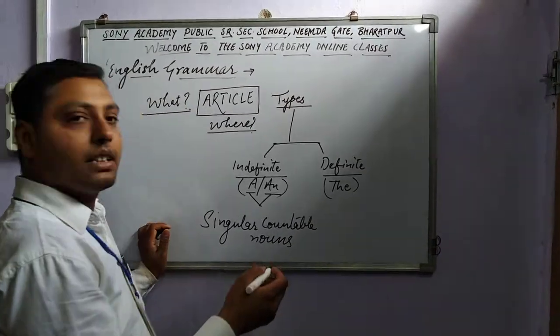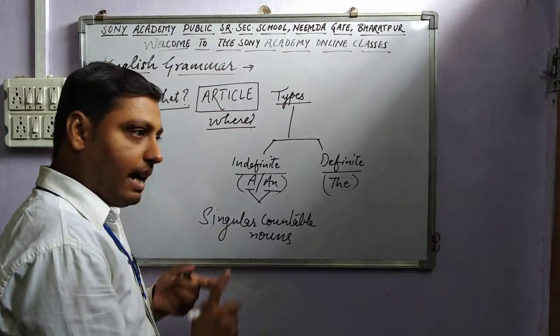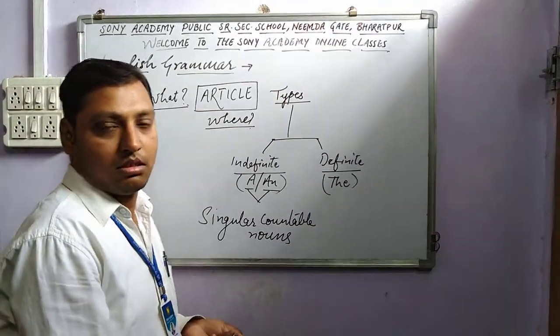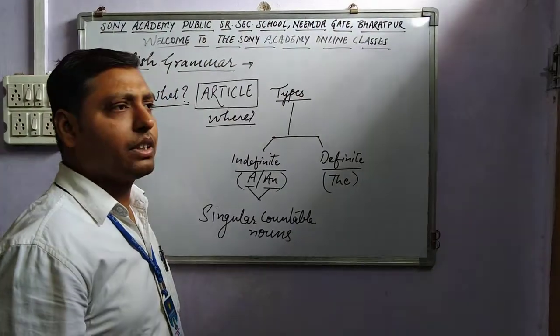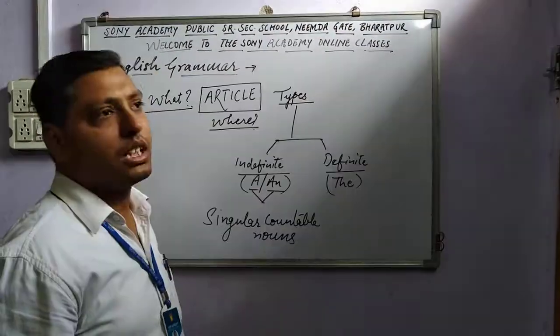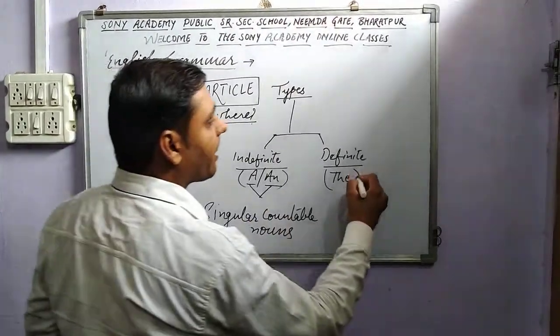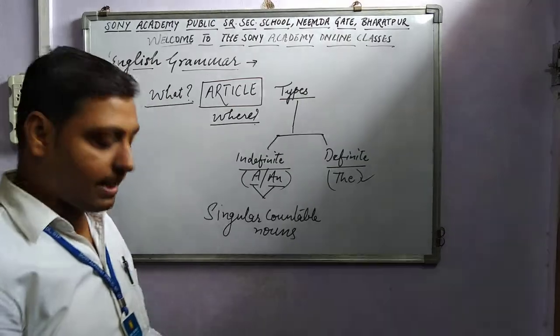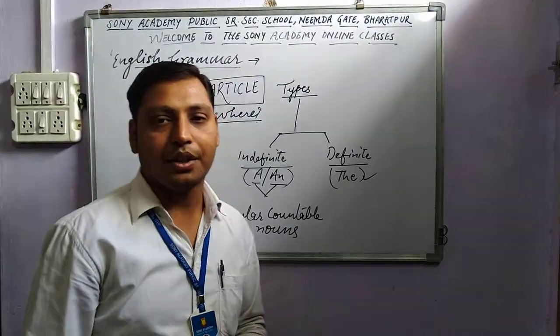So the is generally used before the nouns that should be definite. So there is a series of important facts about the definite article. So my dear friends, get ready to learn about this definite article.